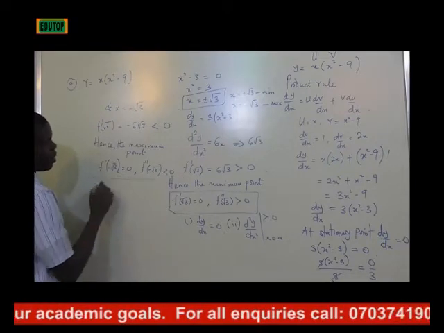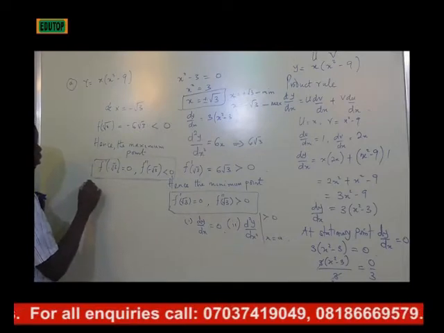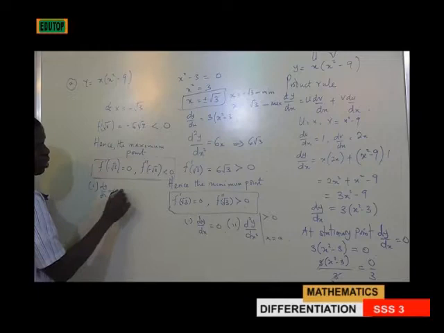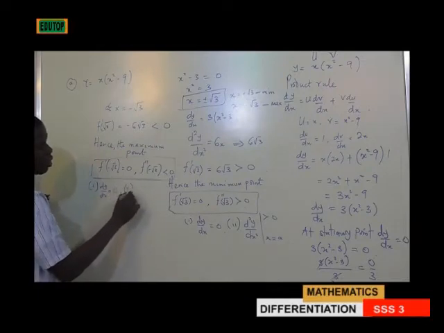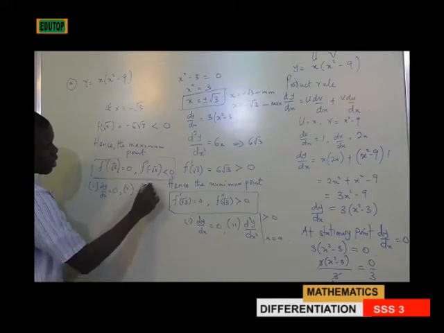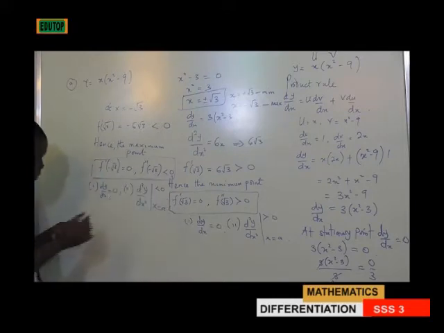So this is the maximum point, because under the maximum, two conditions must hold: dy/dx is equal to 0, then d2y/dx squared is less than 0 and your x equals a. So these are the points.